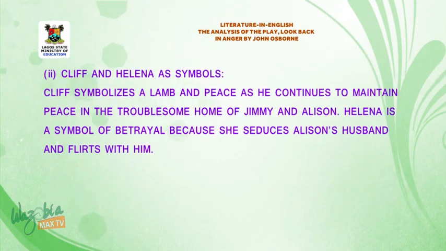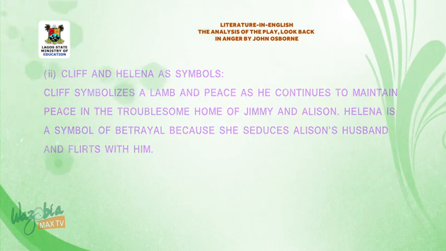Cliff and Elena are symbols. Cliff symbolizes a lamb and peace as he continues to maintain peace in the troublesome home of Jimmy and Allison. Elena is a symbol of betrayal because she seduces Allison's husband and flirts with him.